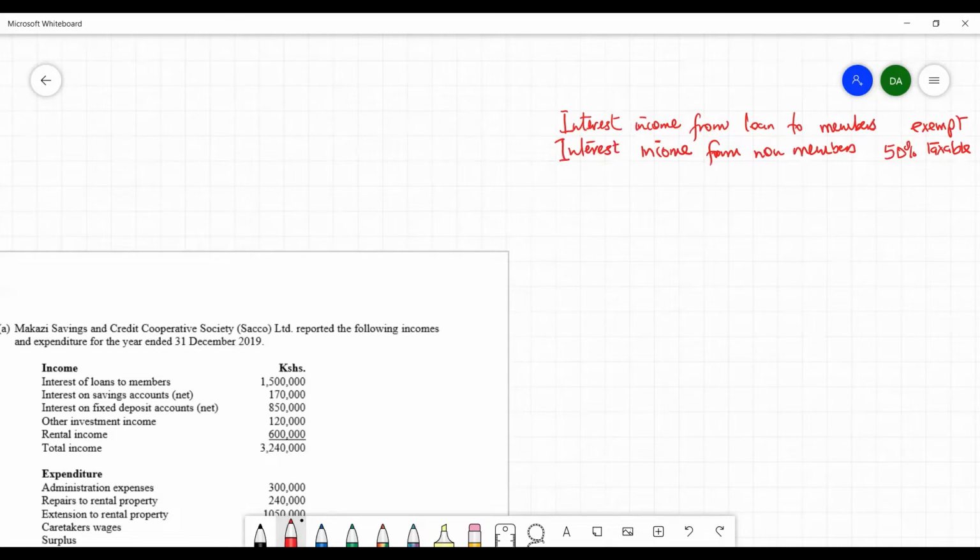Then you have other investment incomes. Other investment income includes non-qualifying dividend income that this particular SACCO may be having, and these are 100% taxable.